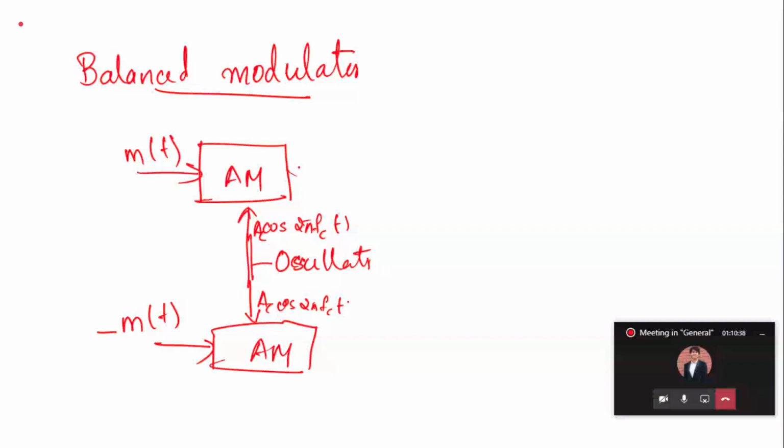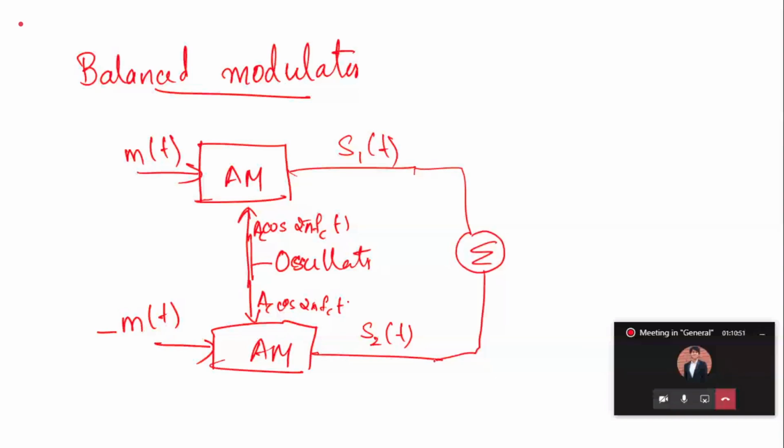This is s1(t), this is s2(t). Here you have the output s(t).